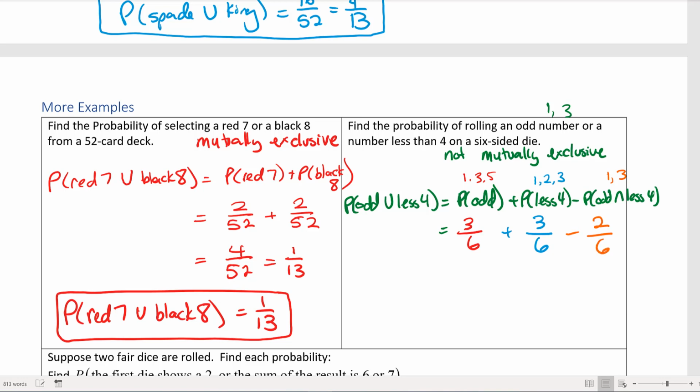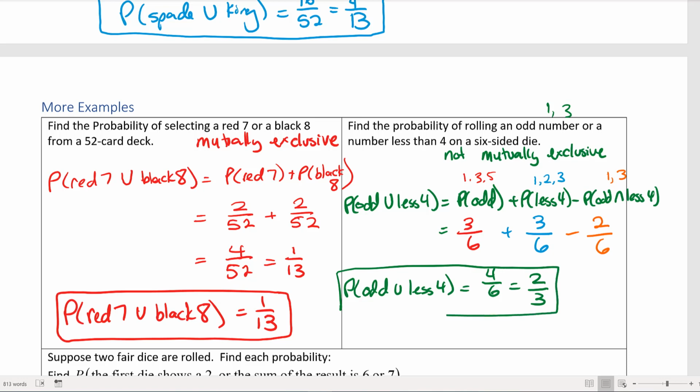So that's 2 out of 6. So when I add all of those up, I get the full probability, which is 6 minus 2 is 4/6, which reduces to 2/3. So the probability of getting an odd number or a number less than 4 is 2/3.